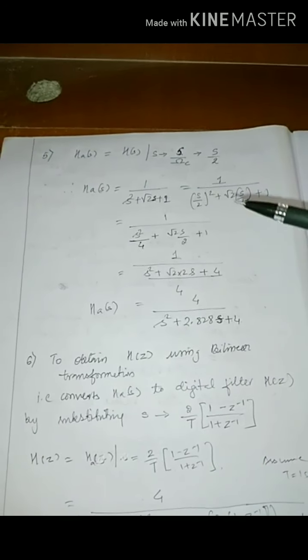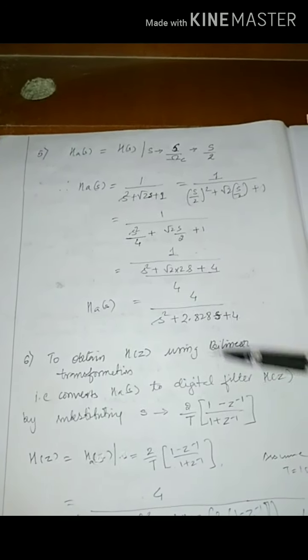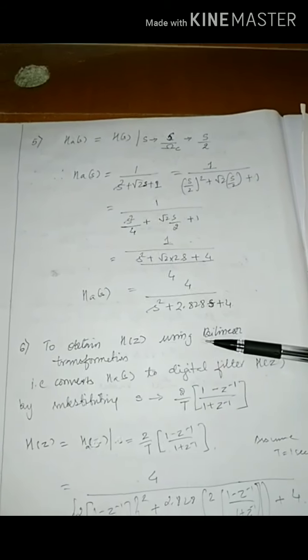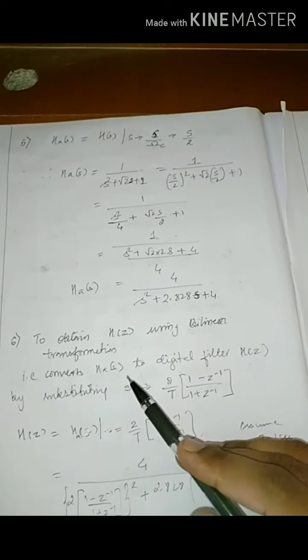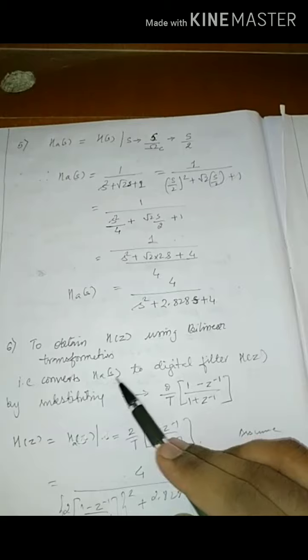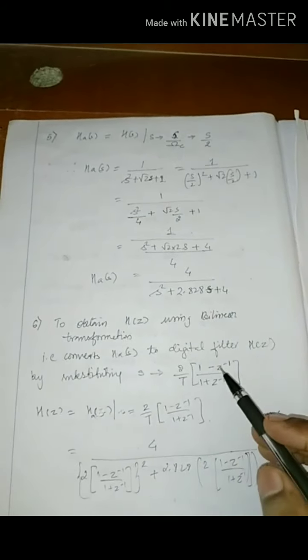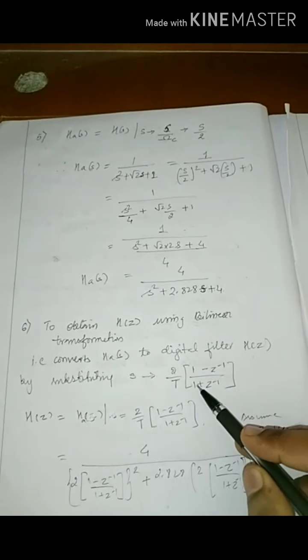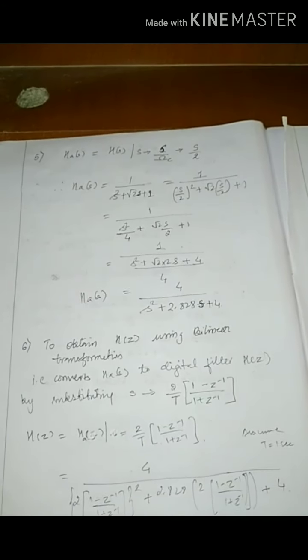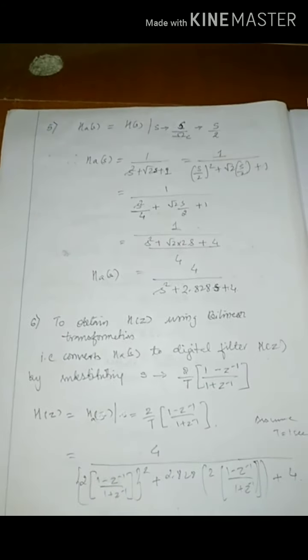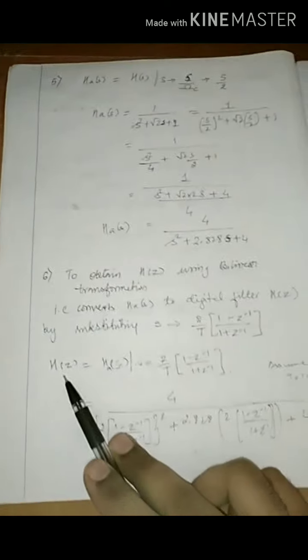Now we need to convert that analog filter to a digital filter by using a bilinear transformation. So to convert that H of s to H of z, you are going to substitute s by 2 by T, 1 minus z raised to minus 1 divided by 1 plus z raised to minus 1. Here the value of T is assumed to be 1 second. So substitute the value of s in this transfer function.